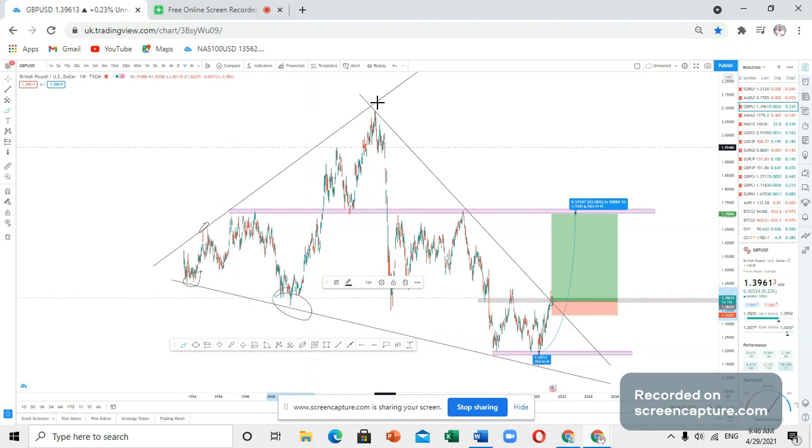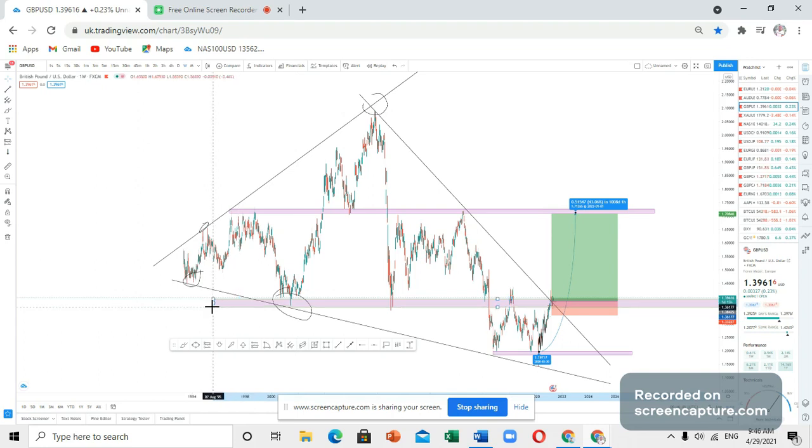Then you can see that after making a touch to that region, it moved to the downside and made a breakdown to this region here. This is also a region of support, a very strong region of support around that area.